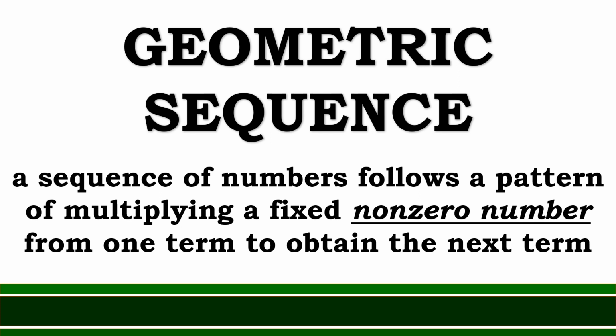So, kung si arithmetic sequence is by adding the common difference from the previous term para makuha natin yung next term, kay geometric sequence naman, ang kailangan nating gawin ay i-multiply yung non-zero number na tinatawag nating common ratio sa ating previous term para malaman natin yung next term.